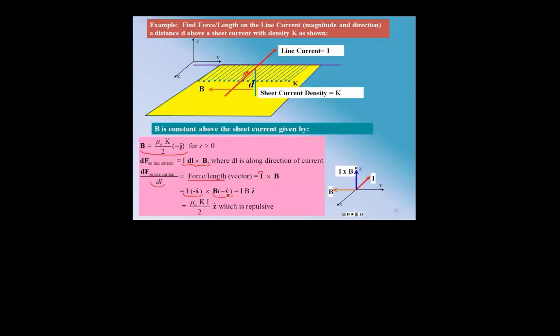Taking that cross product we get B times I, and that turns out to be in the z direction. So as a result of putting current through a wire near a current sheet, we end up with a repulsive force whose magnitude is given here. Here are the vectors: here's I along this direction, here's B here, and then I cross B is this vector here.